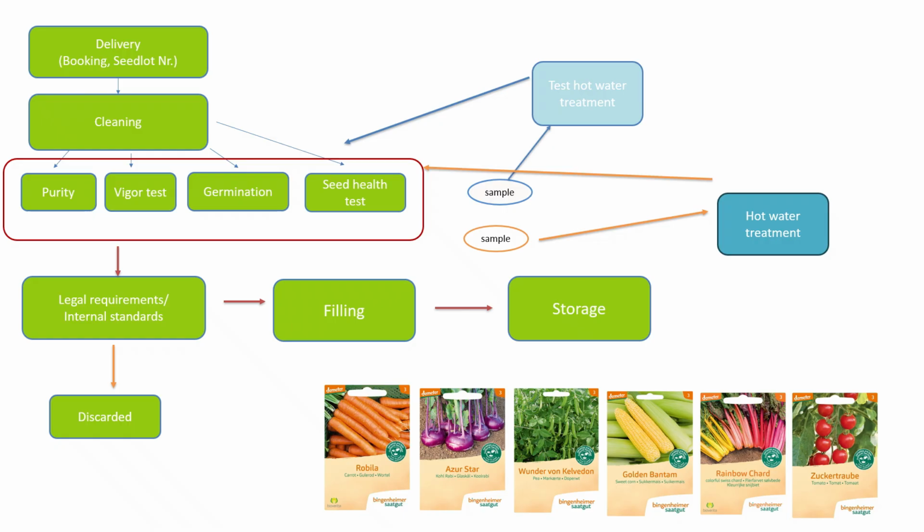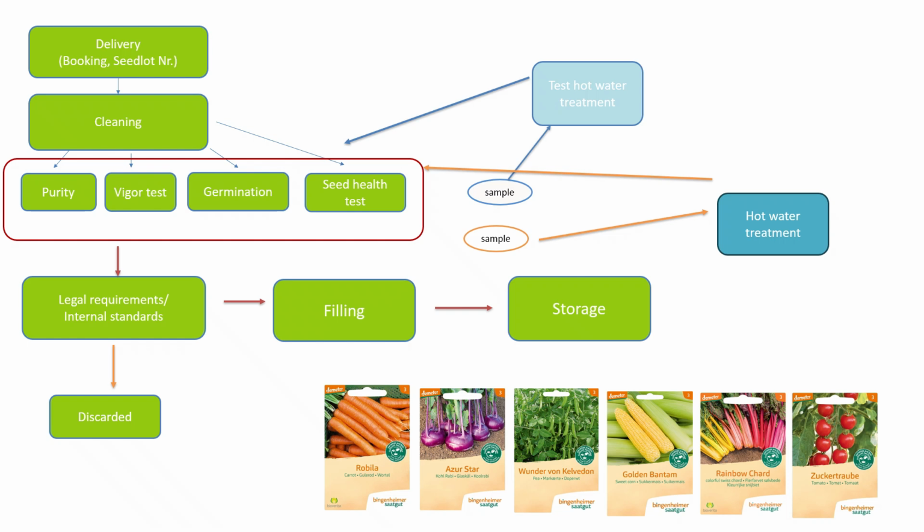If these are not met, the seed is treated, so a test hot water treatment is applied on a small sample. The sample from the treated seed then is again delivered to the diagnostic laboratory, where again the germination and seed health test is done.